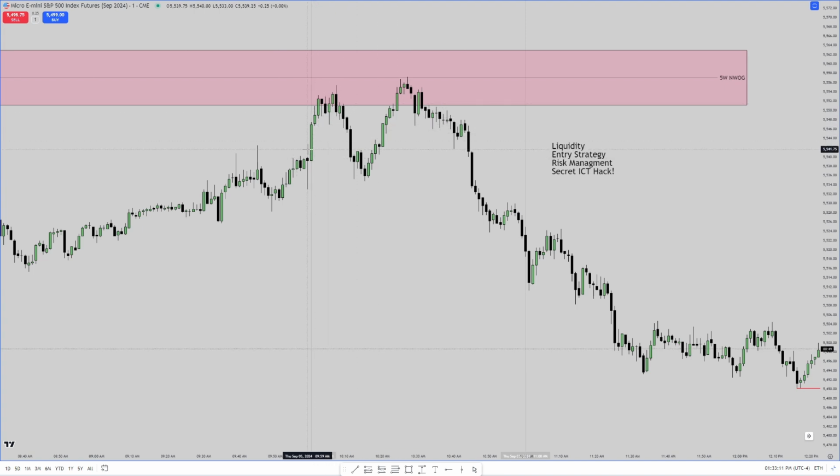For those of you who are not new to ICT, you'll know what a fair value gap is, but for those that do not know, we'll cover that. First and foremost, for the silver bullet strategy and how I trade it, I have to know where liquidity is.